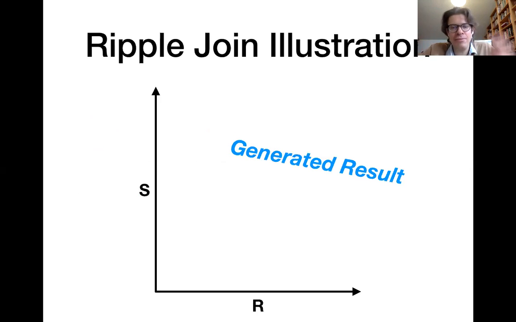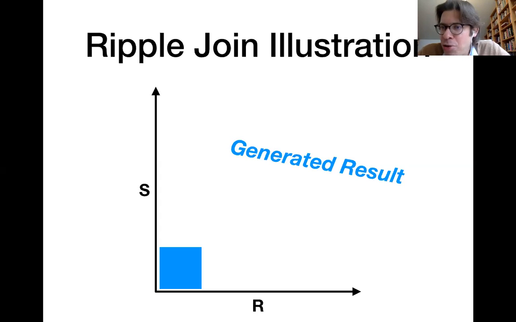So at the beginning, we haven't generated any result yet, but the ripple join would first of all read, let's say, one page from R and one page from S. And now, after it has loaded those 2 pages into main memory, it can check all pairs of tuples from them in order to verify whether any of them satisfy the join condition. So very quickly, we can produce some first results.